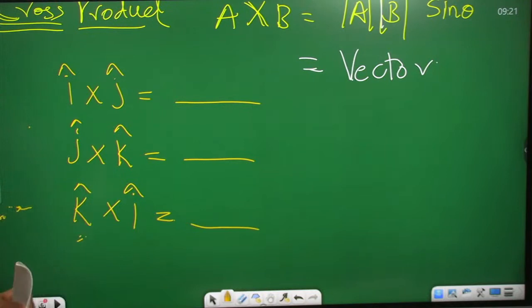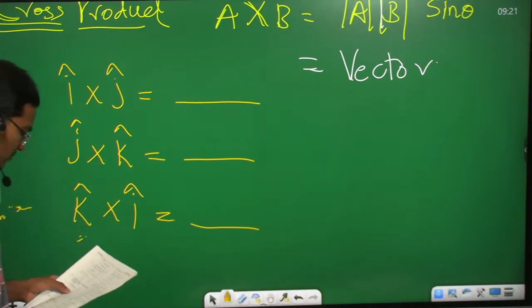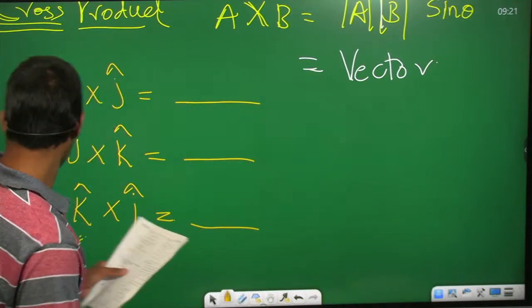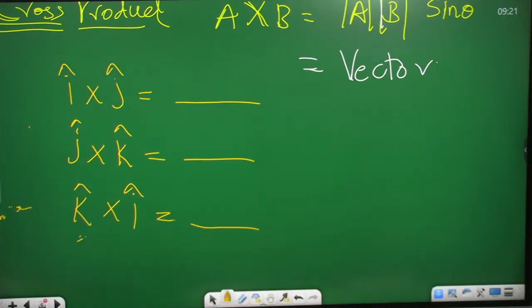So what is the first one? I bar cross J bar. What is I bar cross J bar? Don't blindly copy, try to fill the blank.